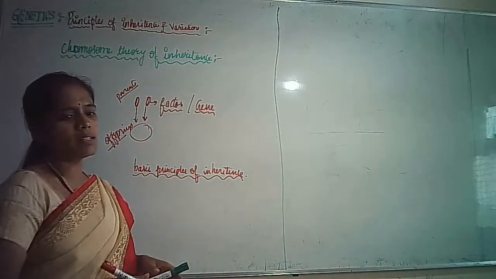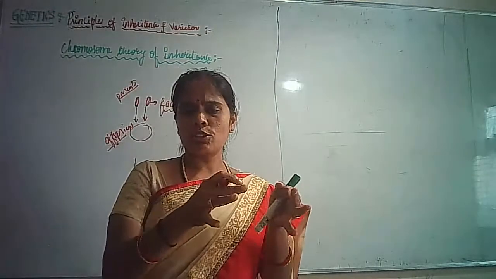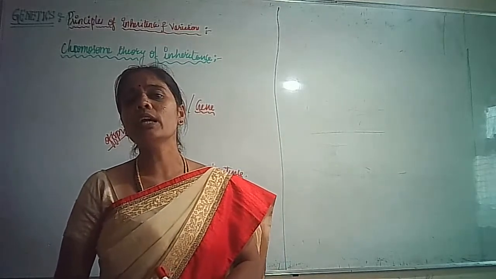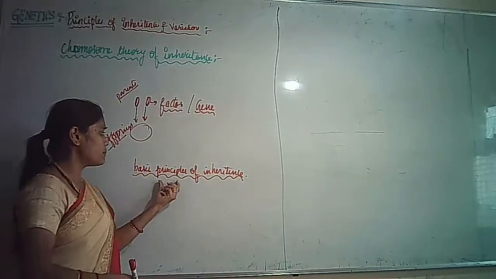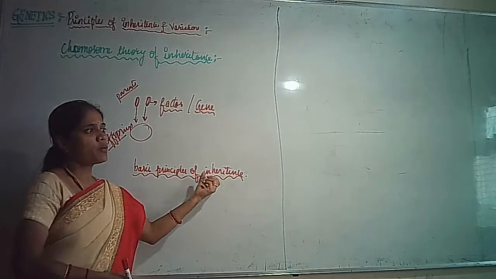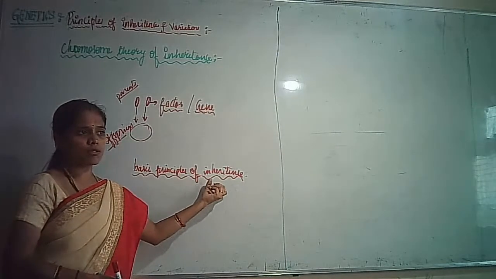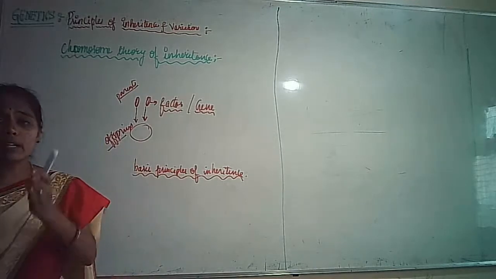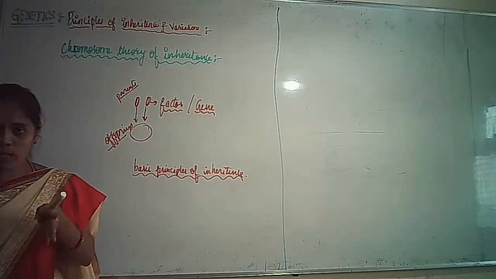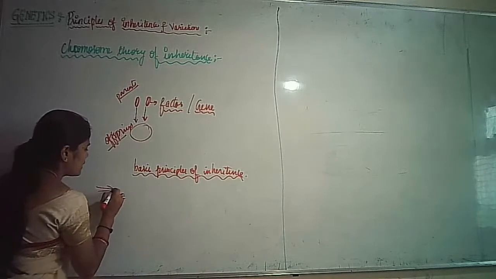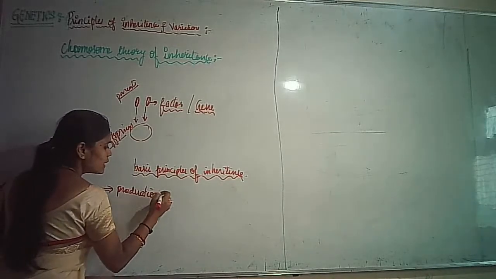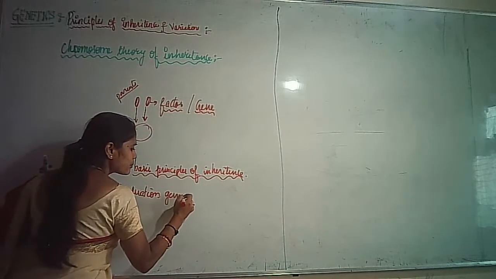How the procedure takes place depends on some basic principles of inheritance. What are they? They have to be followed in order, in sequence: production of gametes.